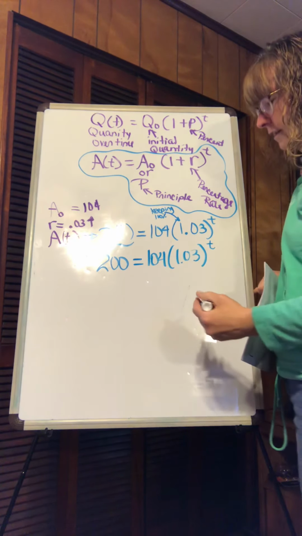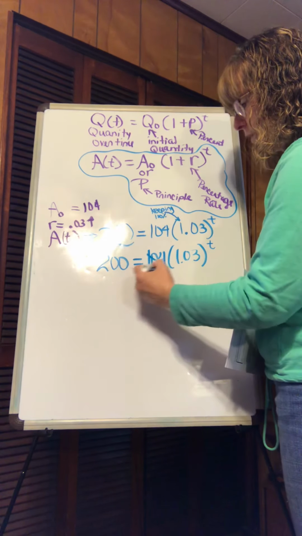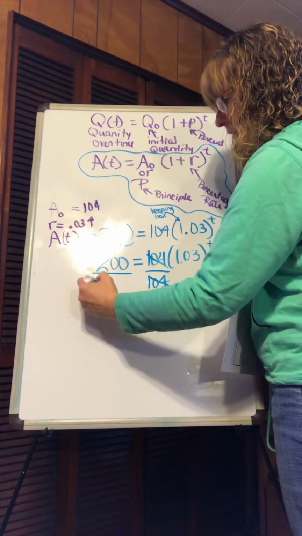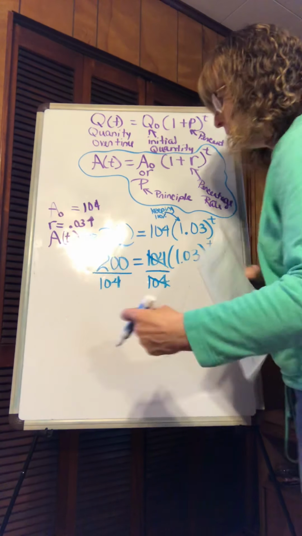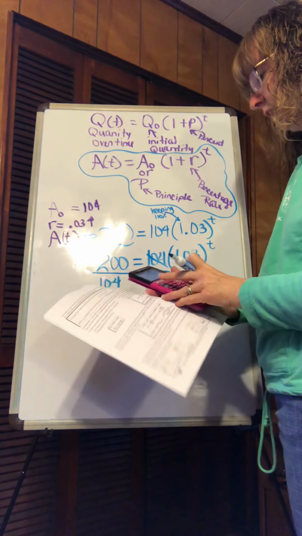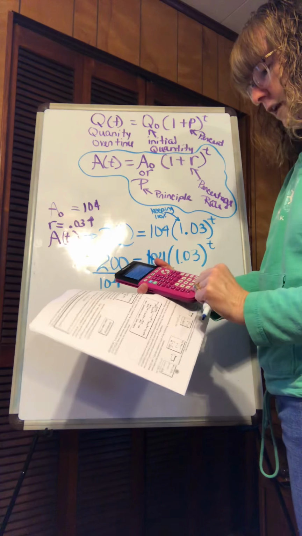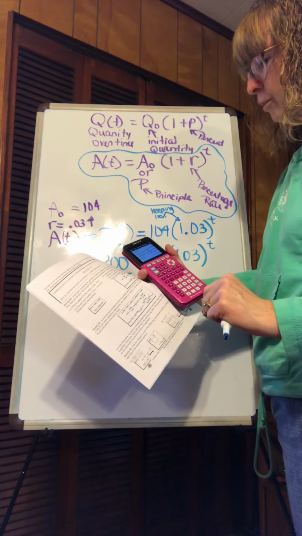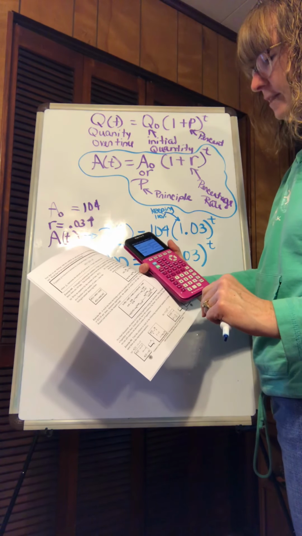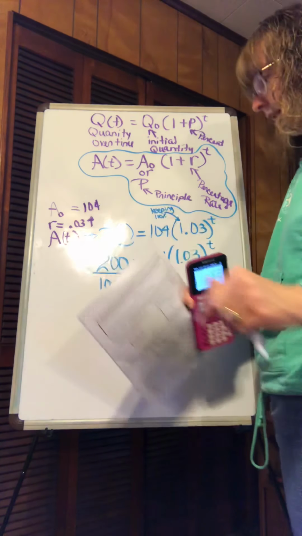So just like on lesson 4, solving, we have to divide out this 104. And when we do that, we're going to get a really long decimal number that I'm just going to let my calculator hold on to. 200 divided by 104 gives me 1.923076923. Hopefully you get the same thing. Hold that on your calculator.